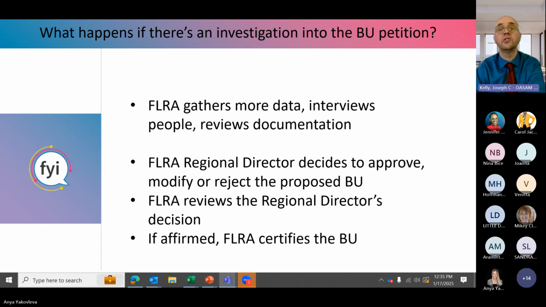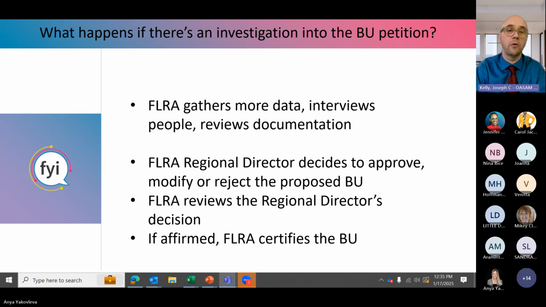The FLRA regional director makes the decision on these investigations, and they decide whether to approve, modify, or reject the proposed bargaining unit. So you'll note that the option to modify is in there. So if the regional director determines that this isn't quite the bargaining unit, but if we tweak it just a little bit, then that'll be an appropriate bargaining unit. That's an option that the regional director has.